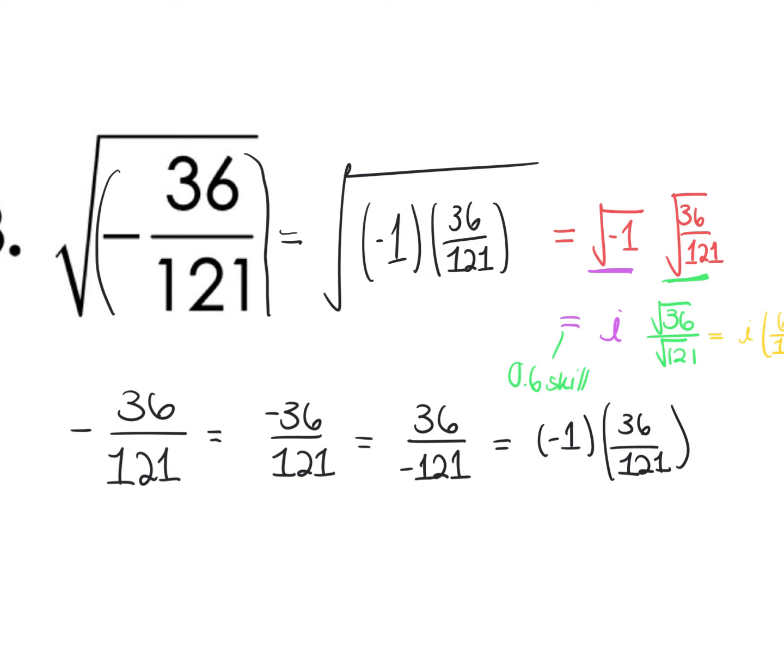And technically, it's i over 1, because i divided by 1 is itself. So we will rewrite this as 6i over 11. My point is, do not put i in the denominator.